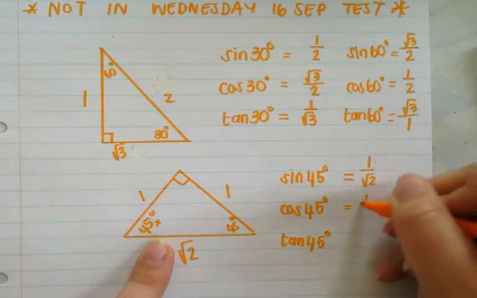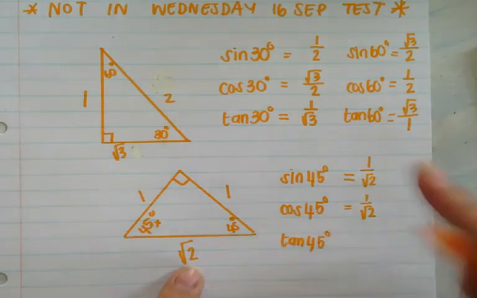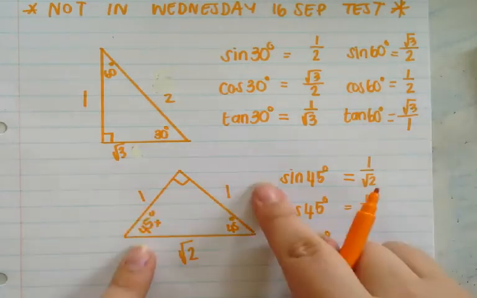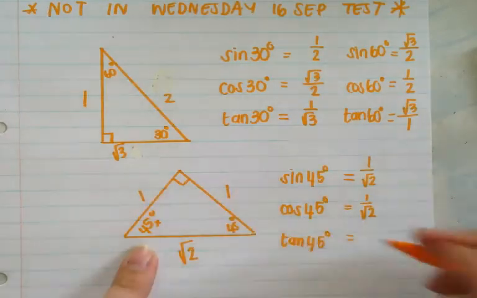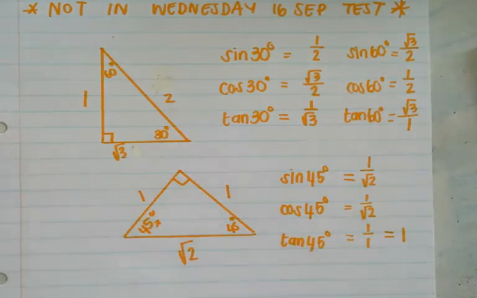Cos is adjacent over hypotenuse, and tan opposite over adjacent, 1 over 1, which is equal to 1. So those are my special angles, as well as the 90, 180, 270, 360.